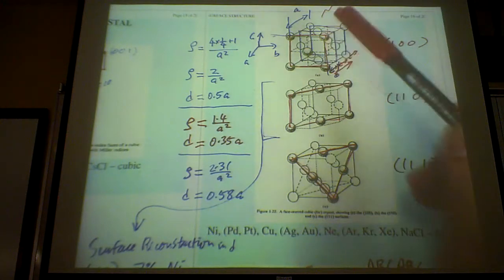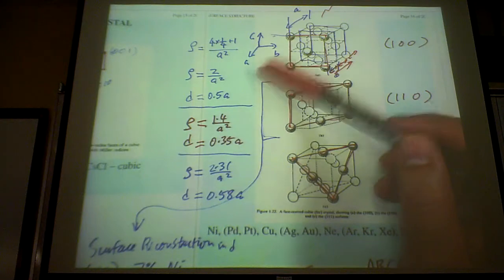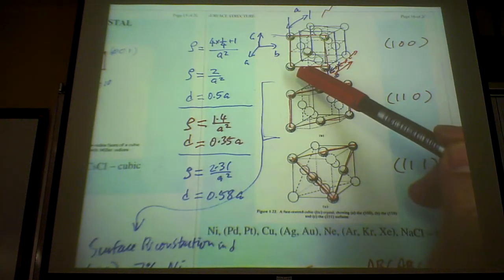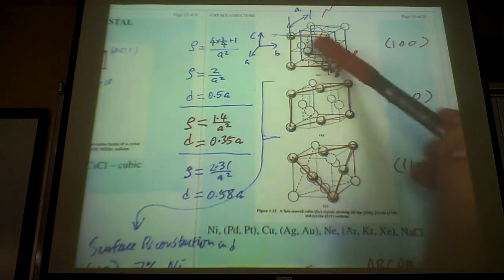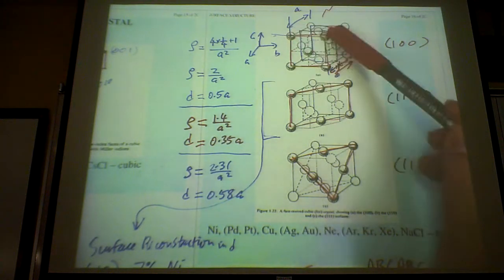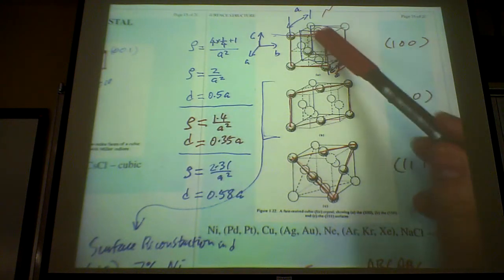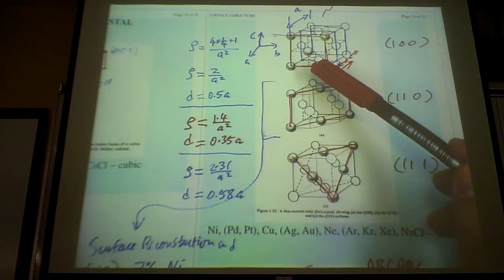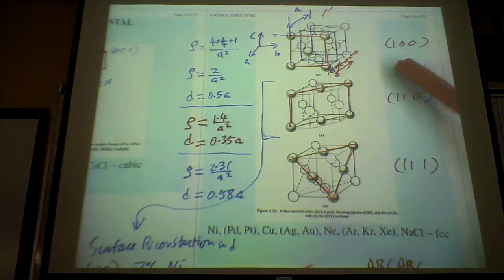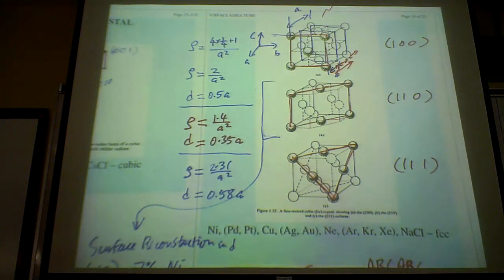And then if you look at one plane below, this is still in the same orientation, so it will have the same density. Let's say we call this the 100 plane. If you look at the middle plane, you have 4 atoms, each of them contributes half. So the density of the 100 plane remains the same, so even if you cut here or cut here, it does not matter.